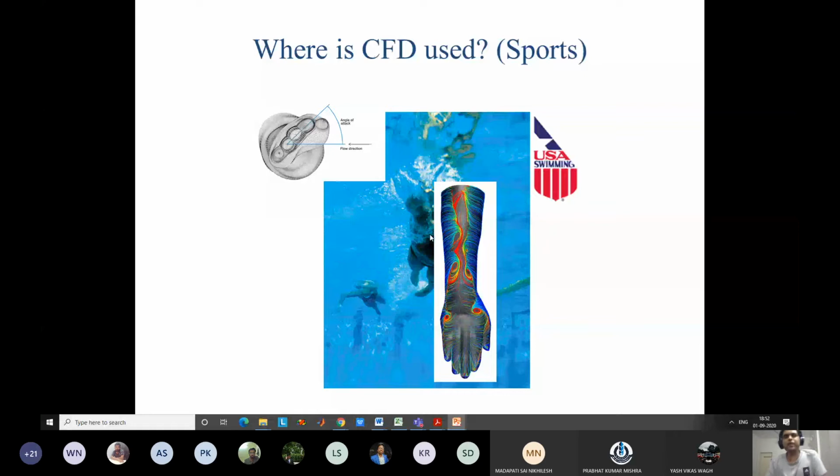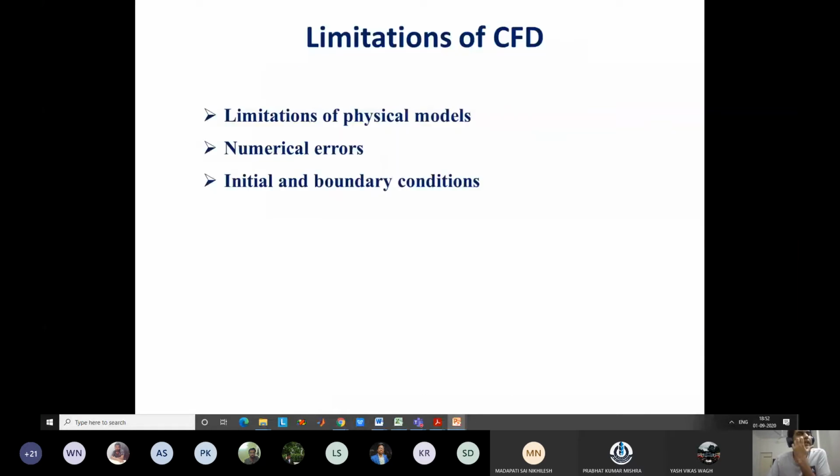So ultimately it had to be banned, because it was giving so much advantage to the athletes, and nowadays it is not used. You will see that a lot of swimming records are from that time. Nowadays they are getting broken, but a lot of records were generated at that time, and this type of development is still being done. So these are some of the areas.